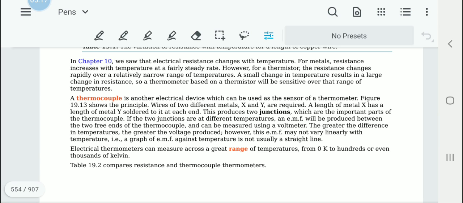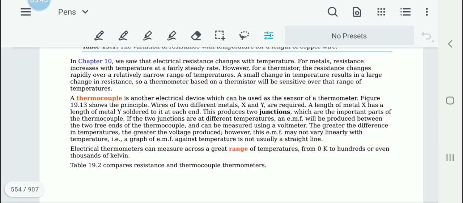A thermocouple is another electrical device which can be used as the sensor of a thermometer. You have learned this in O levels. Two different metals are used, and a certain length of one metal is soldered to the other metal.